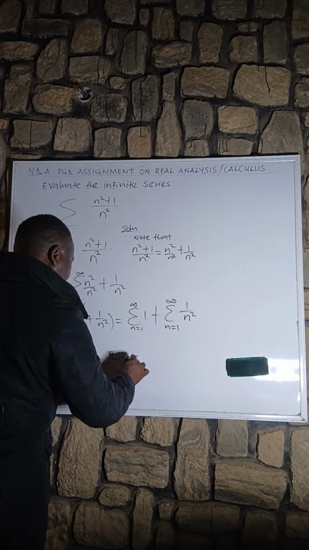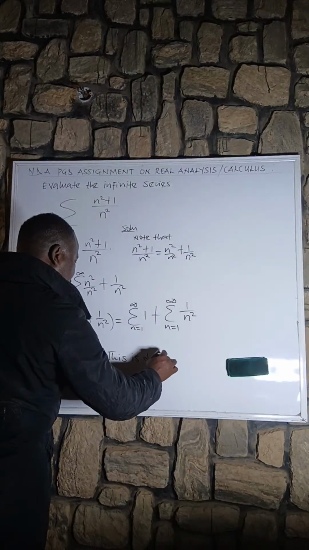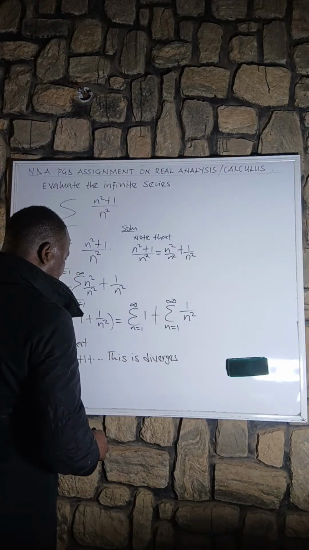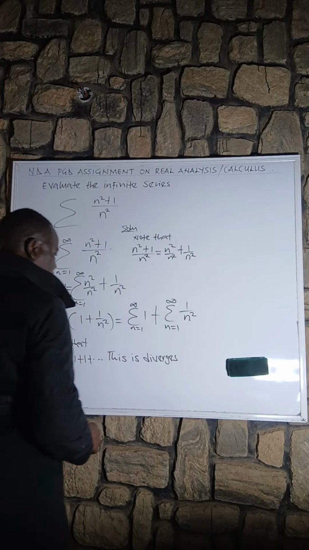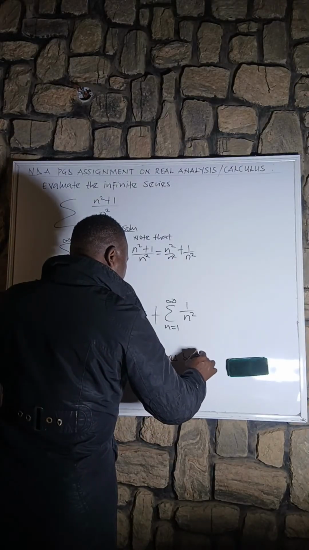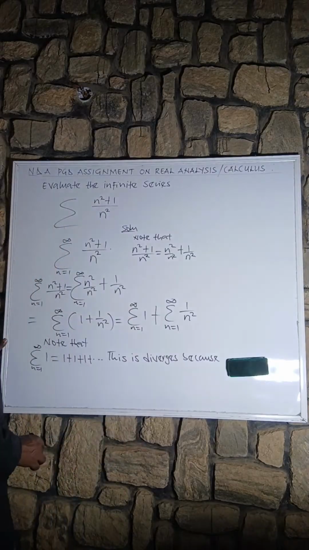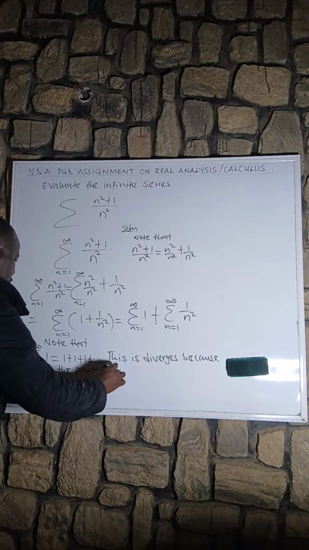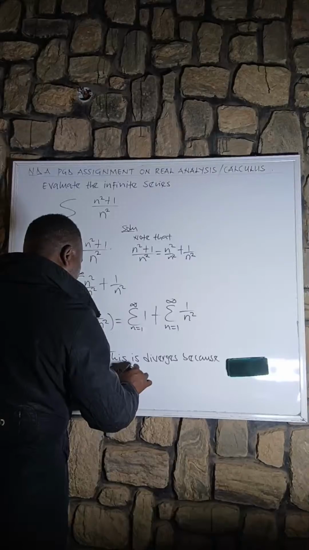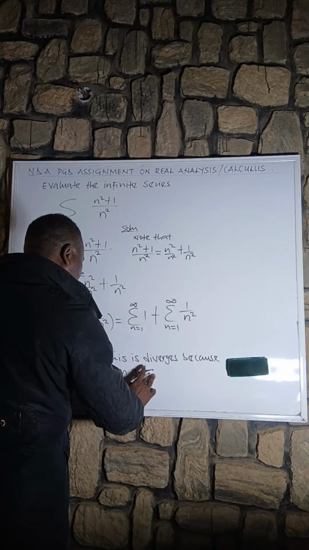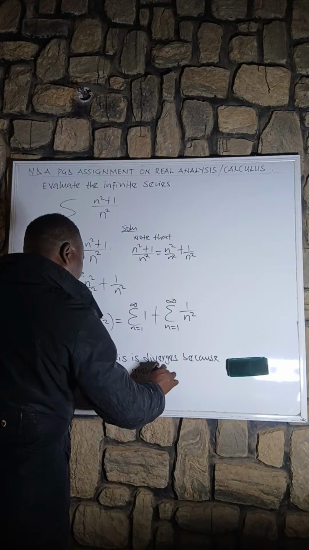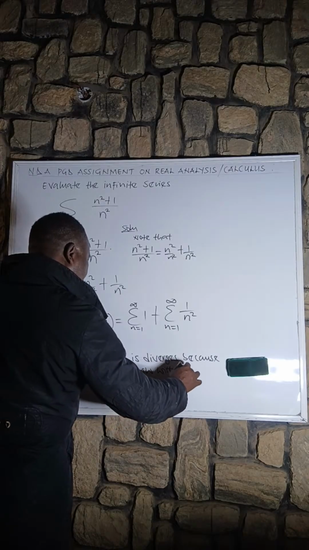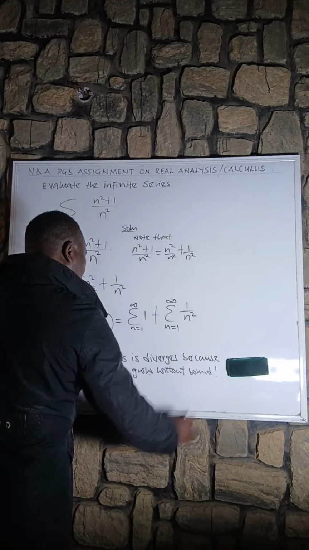This diverges. Why? Because the partial sums grow without bound.